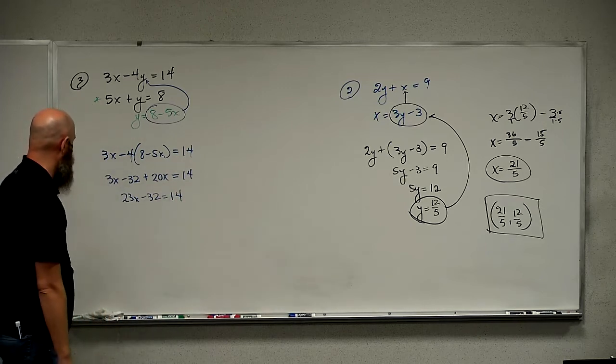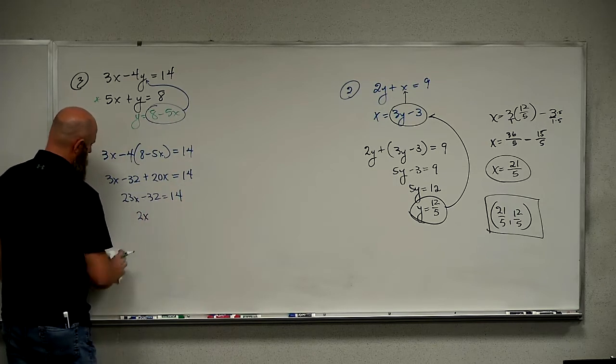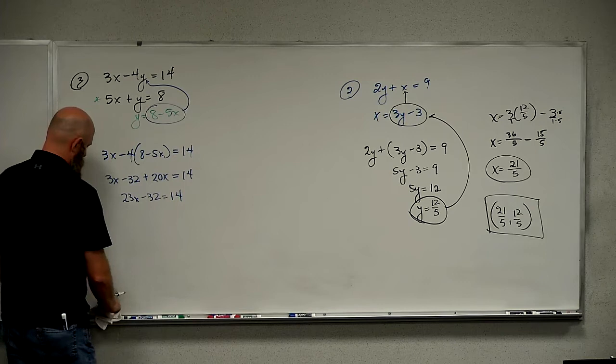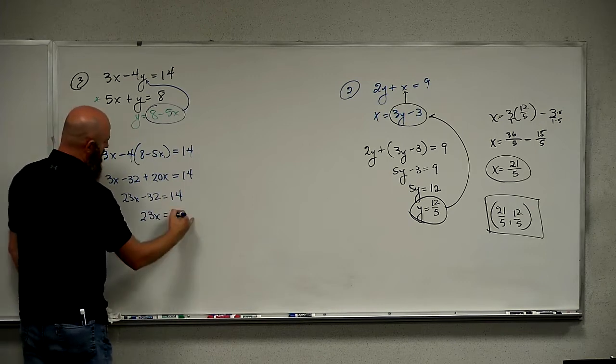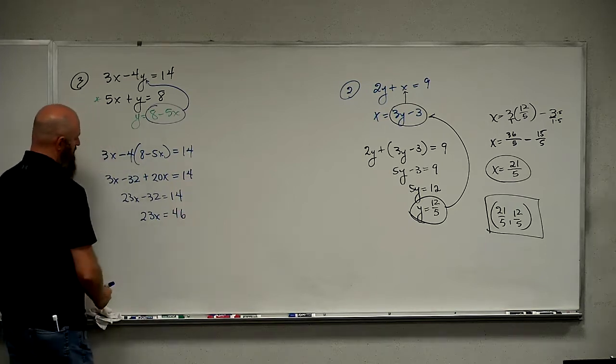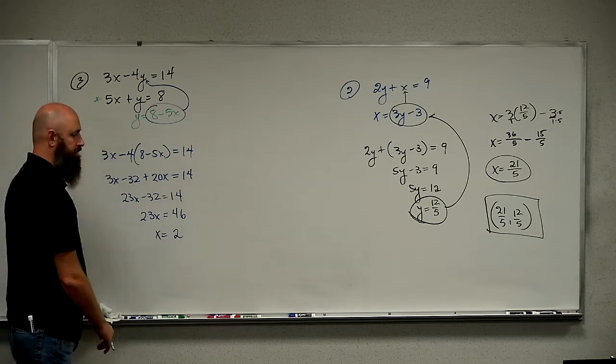I'm going to add the 32 to the 14, so 23x. Said it right, I wrote it wrong. 23x equals, add that 32 over, and we're going to get 46. So when I divide, x equals 2.